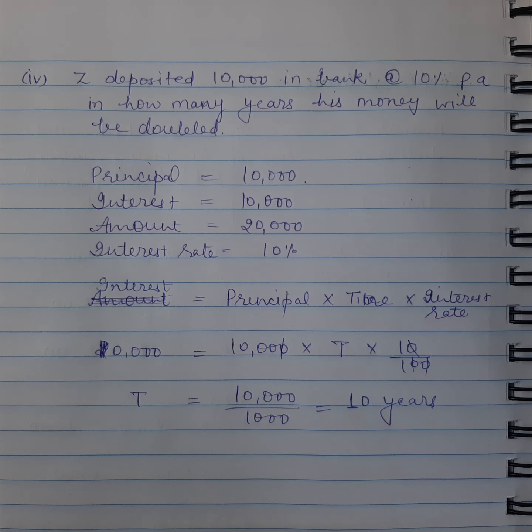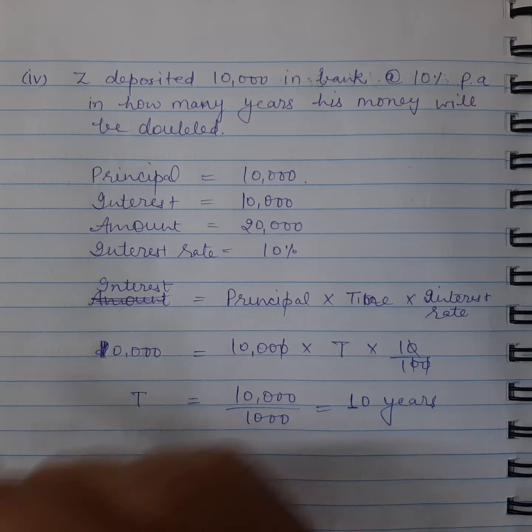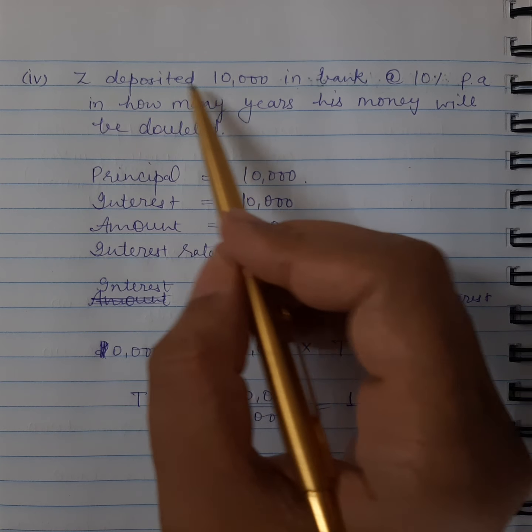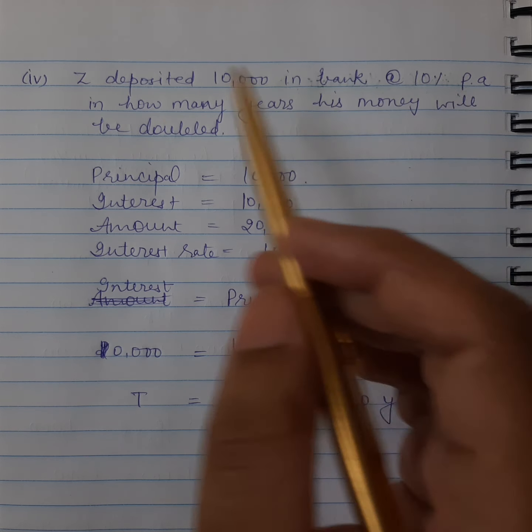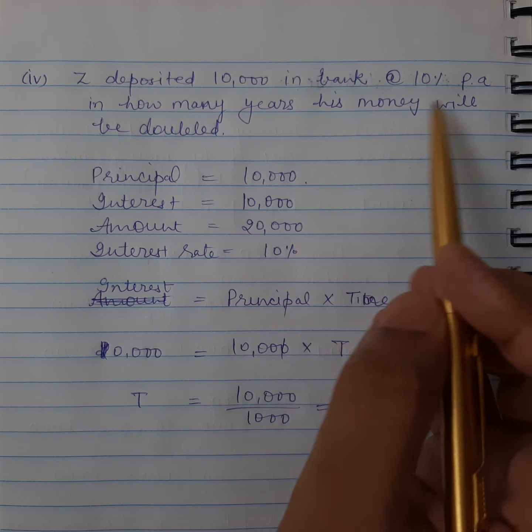We can also calculate if we want to earn a particular interest at the end of a certain period. We can also find how much time it will take to reach a particular level of interest or amount. So let's take one example. X deposited 10,000 rupees in a bank at the rate of 10% per annum. In how many years will his money be doubled?